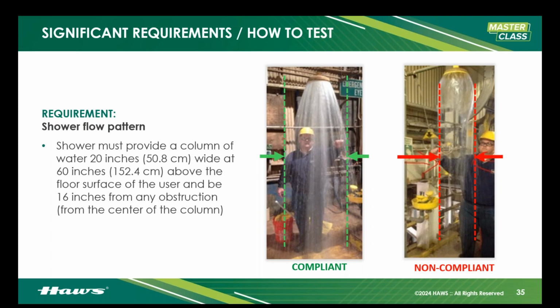And I want you to pay attention to this. I showed you the Haws shower head earlier. Check the footprint of that shower. It's not required in the Z358.1 standard yet. I'm a huge advocate for this because you're going to see something that I refer to as the donut effect. Okay, it's an easy way to remember it. The donut effect happens when you have a shower head like you see here in the photo.